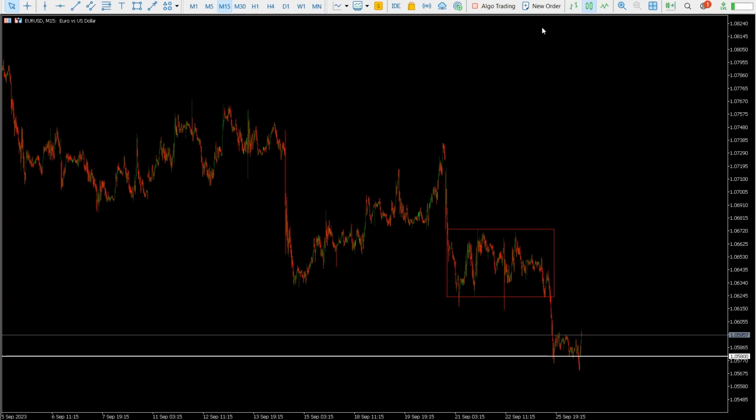I've seen some news going around that most institutions are reducing the long positions. But if I show to you all the COT, the commitments of traders, let me grab it pretty quick, just a second.